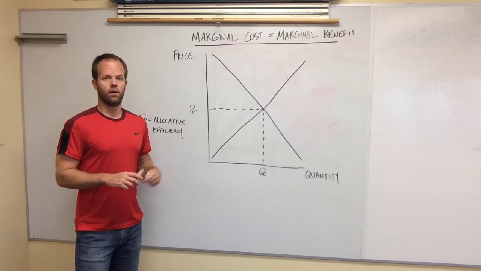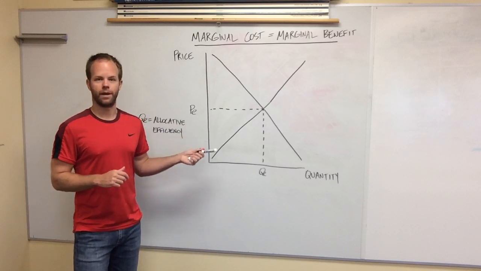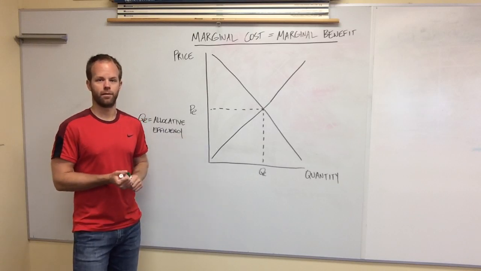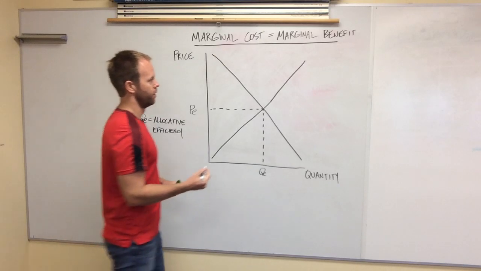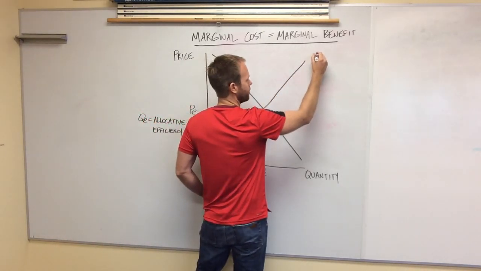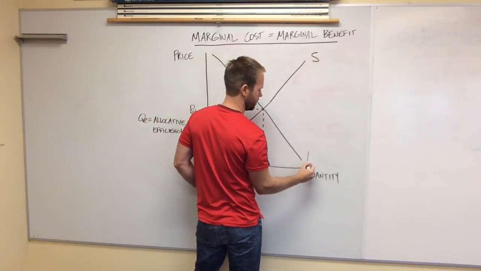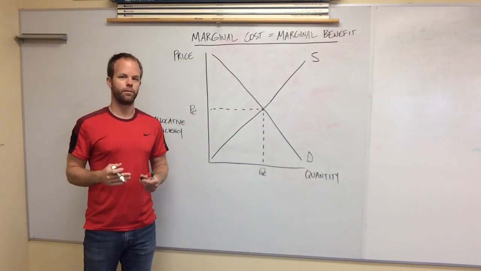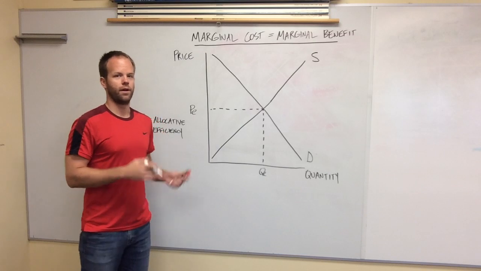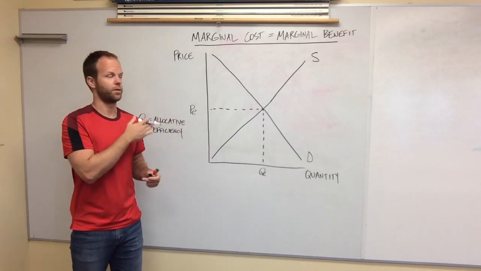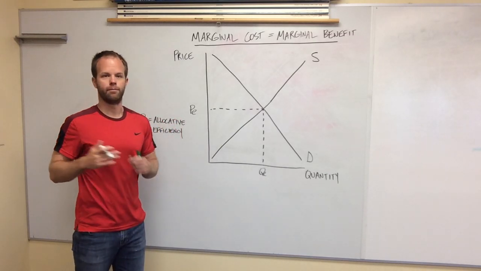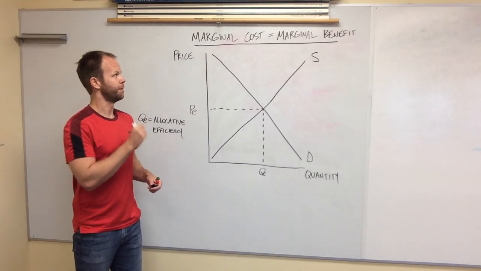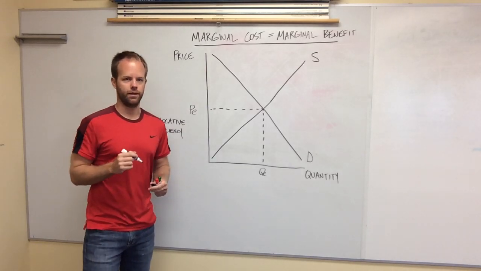So you might notice that our supply and demand curves are not labeled here, and I've done that on purpose. Obviously, we know this is supply, and this is demand. Now, we're going to refer to supply and demand with a little bit different terms here, because, as you may have picked up, this video is about marginal cost and marginal benefit. So let's think about what marginal cost means, right?